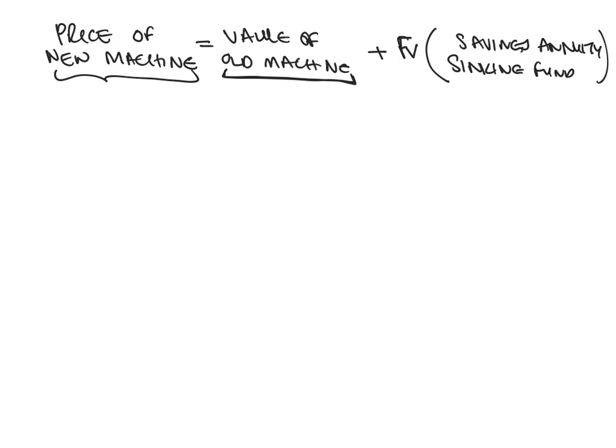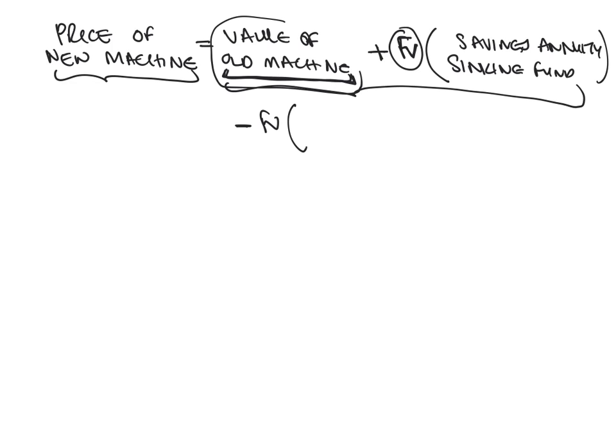So whatever the amount in my account is at the time of my last deposit, which is the future value, I add that to the value of my old machine, and then these two together should encompass the price of my new machine. However, if I make withdrawals from that sinking fund in order to maintain this old machine, then I need to subtract the future value of my withdrawals annuity.